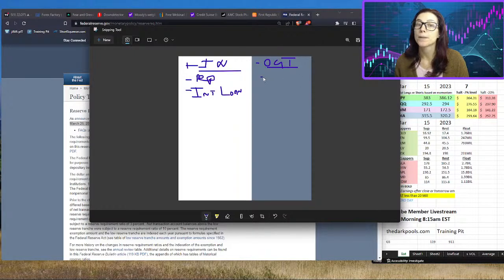Okay. People withdraw. Right? They maybe are using savings. And how else do they lose money? When loan defaults.